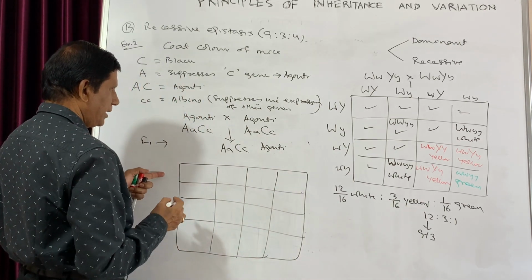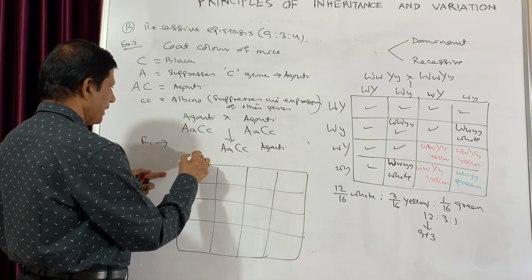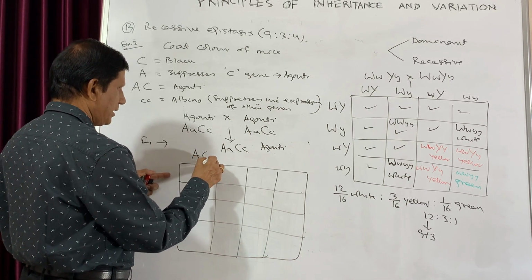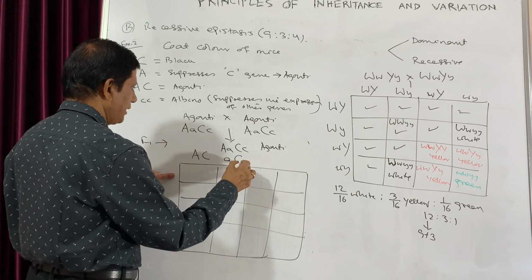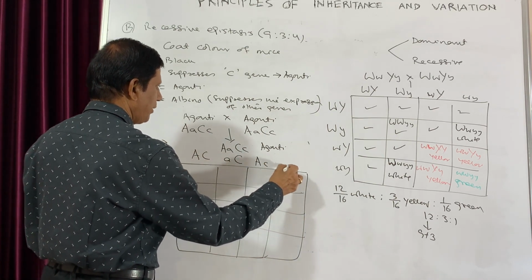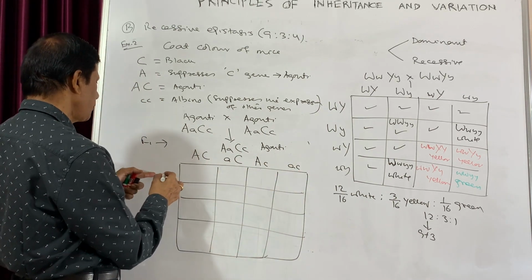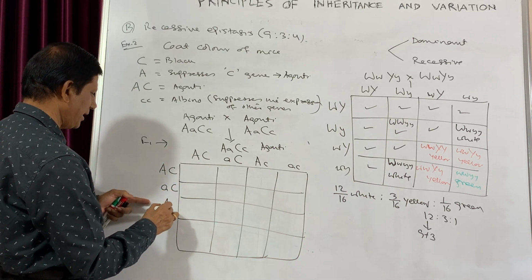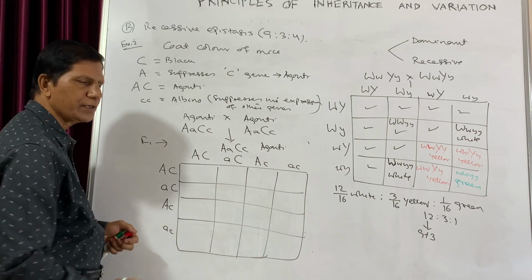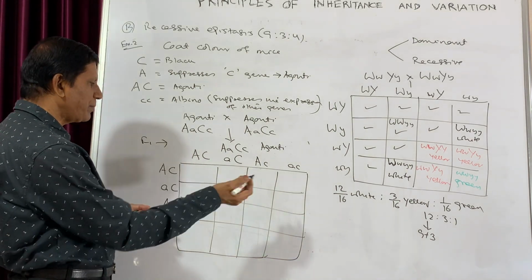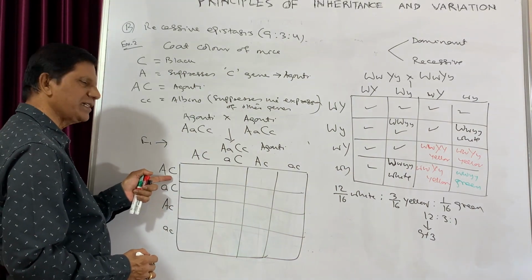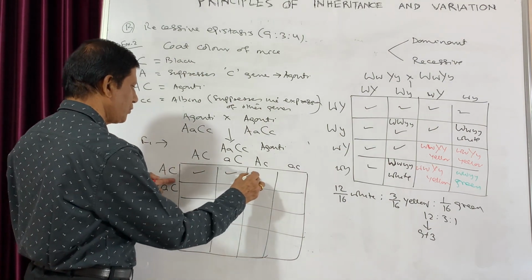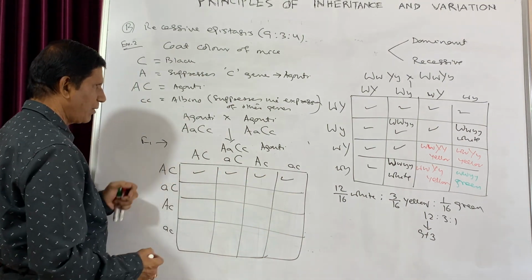Here the genes will be capital A capital C, small a capital C, capital A small c, small a small c. This side also we can take capital A capital C, small a capital C, capital A small c, and small a small c. Just like the previous one, here capital A and C both are present, so all these will be agouti color.